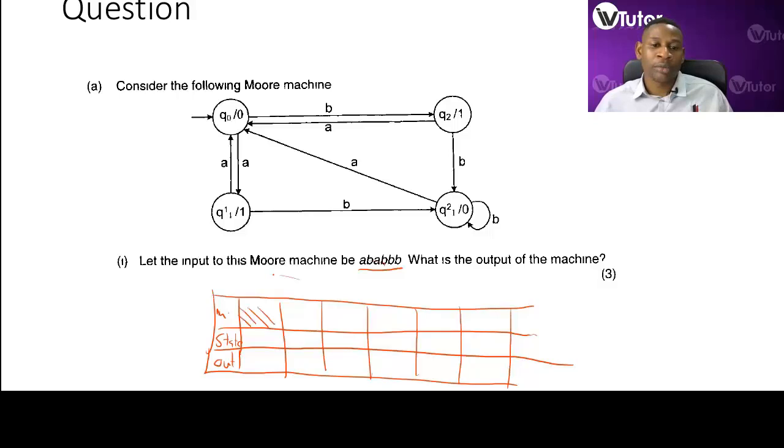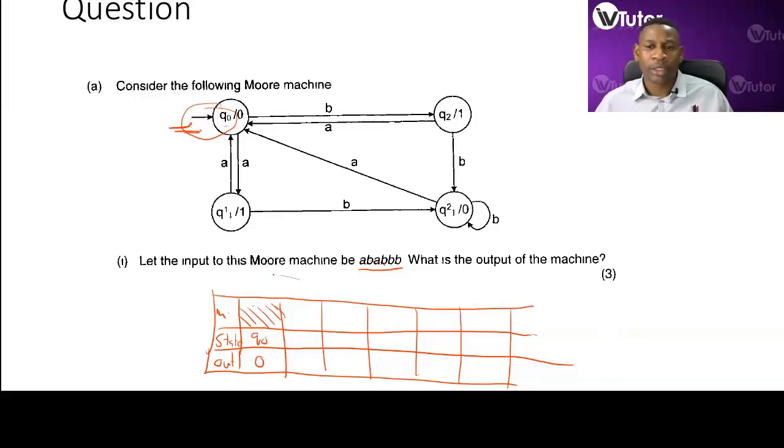So initially we do not have an input, so it's empty. But if it is empty, we start in a state somewhere. So we start at Q0, which is represented by this arrow, the start state. So we're starting at Q0, and the output there is equal to 0.